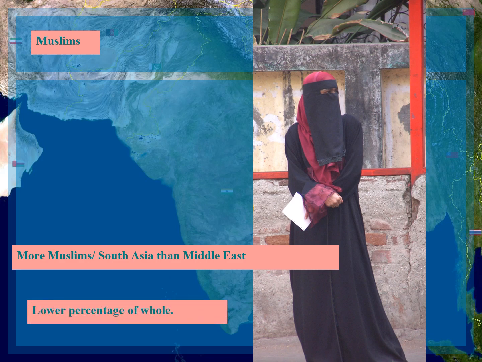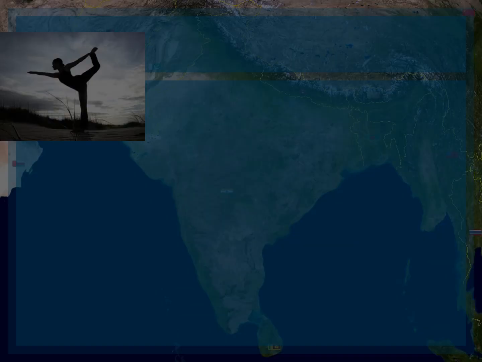That's a little bit misleading because they are a lower percentage of the total number of people. There is a higher population density in South Asia than there is in the Middle East, which means that while there are more Muslims in South Asia, it's just because there's more people overall. So they're actually a lower percentage of the whole in this region.